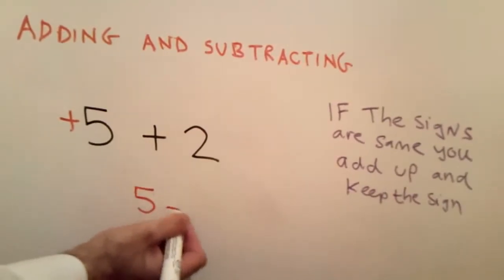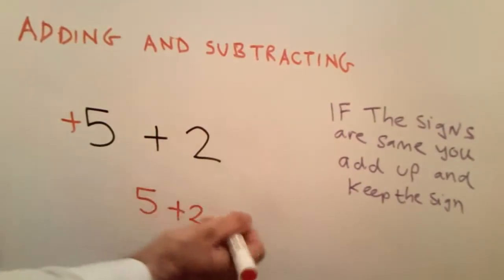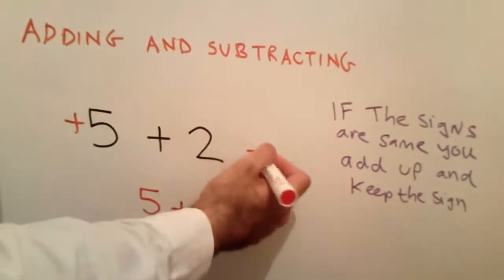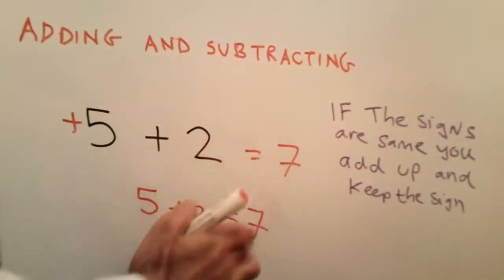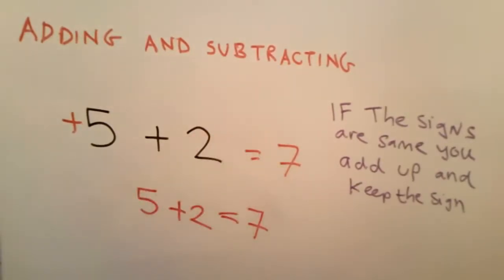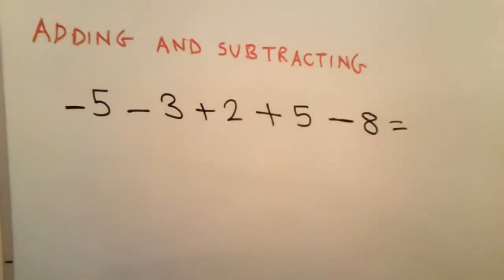So 5 plus 2 is 7, and we keep the sign. So that's it. This was a quick method of how to add and subtract without using the number line, and how to just quickly work them out.